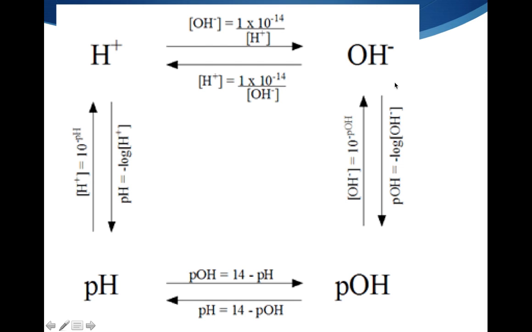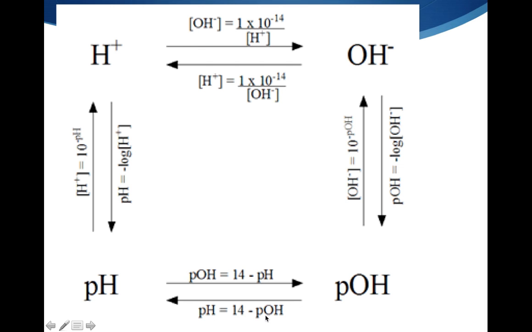An easier route is to find the pOH. Now P just means you've negative logged it. So pH means I negative logged the hydrogen ion concentration, pOH means I negative logged this instead. Okay? So I can negative log my hydroxide and I can find the pOH. Now to get to the pH from the pOH, it's easy.